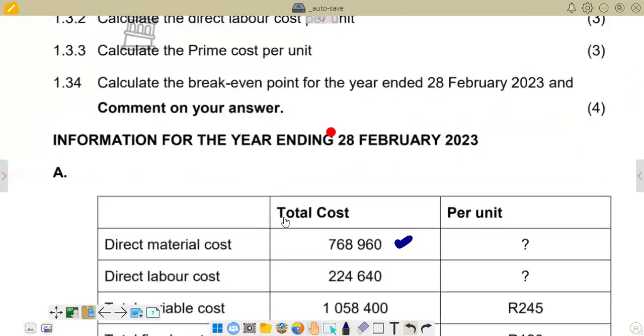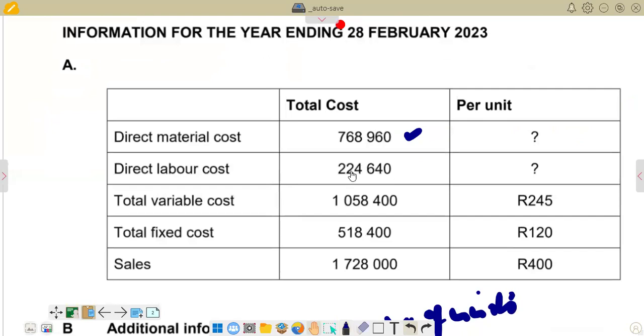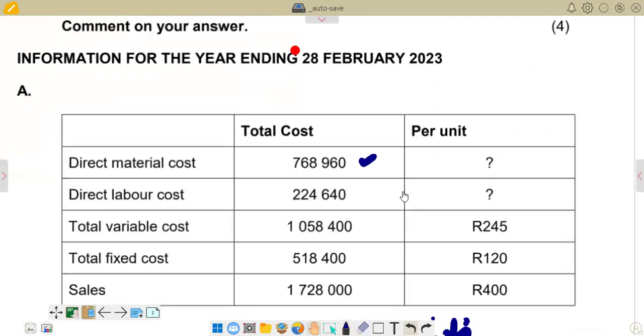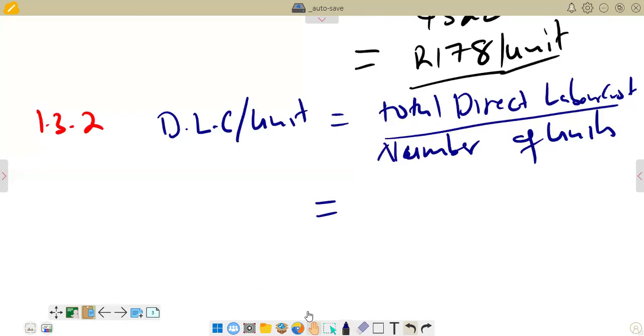And then we can check our direct labor cost. The direct labor cost we are given is 224,640. The number of units is 4,320, so it's not going to change. So we are saying 224,640 divided by 4,320.